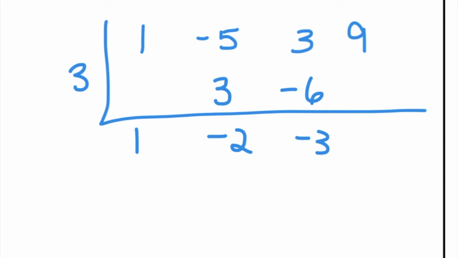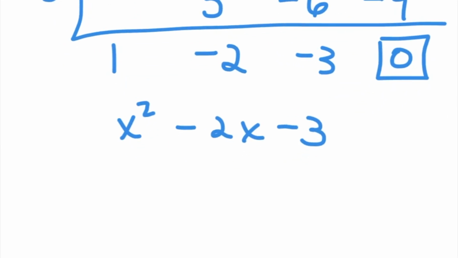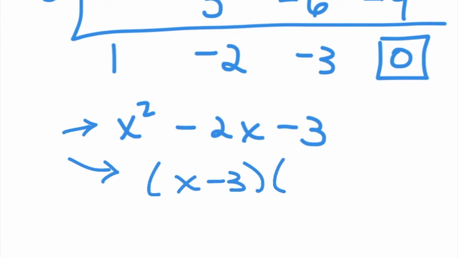Negative 3 times positive 3 is negative 9. That's what we want it to do. I'm telling you to divide by that because it is a factor. And so now I've got x squared minus 2x minus 3. And that itself factors to x minus 3 times x plus 1.